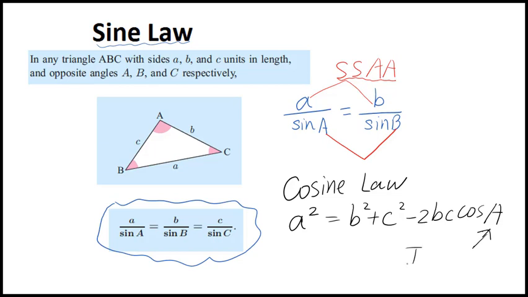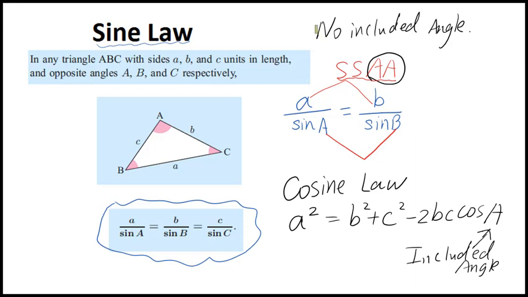When you have an included angle, or you are looking for an included angle, then you use cosine law. But for Sine Law, make sure angle A or angle B are not included angles. So to decide when to use Sine Law, check whether you have an included angle. If no included angle, then use Sine Law.